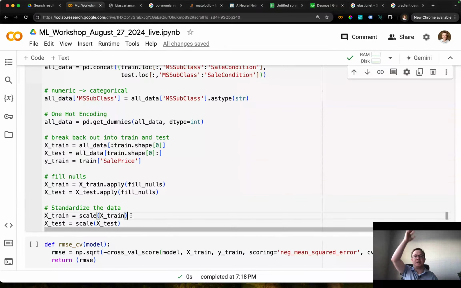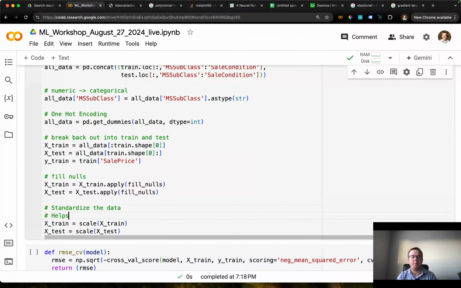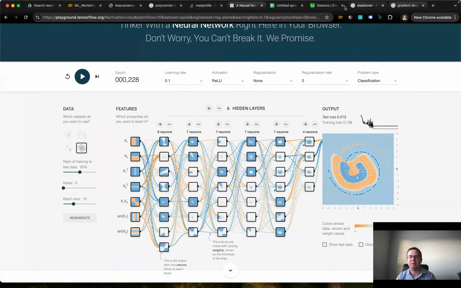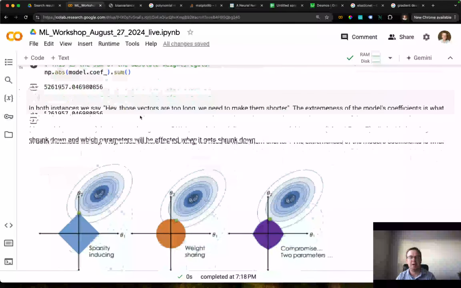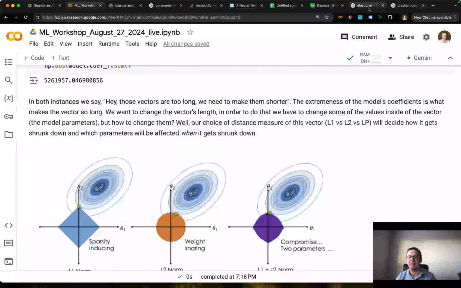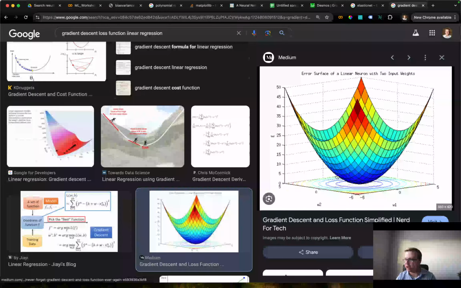Instead of something being measured in tens of thousands, another one being measured from 1 to 10, it's putting them all in the same ballpark. And this really just helps gradient descent find the minimum. It kind of rounds out our loss function. So instead of our loss function being lopsided, our loss function will be a little bit more circular.